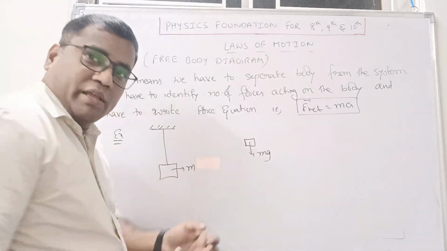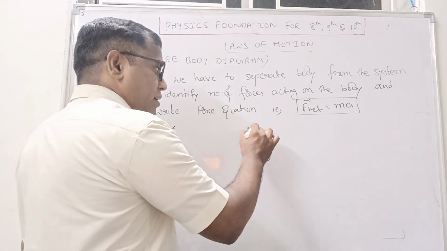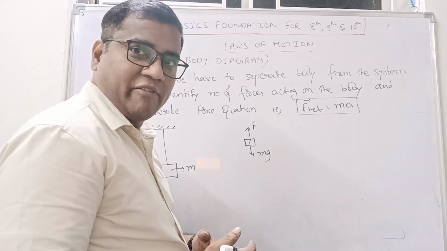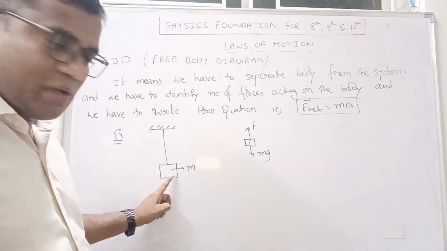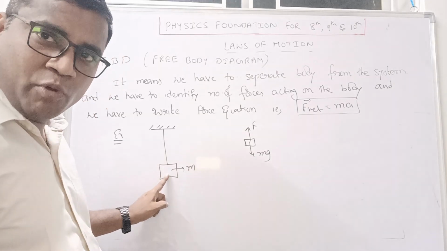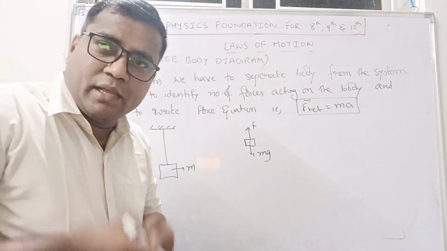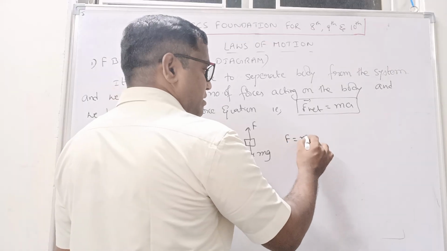And the rope is holding the body, so that force will be upward. I will give it a name; some names are there, I will explain. Because the body is stable, in order to hold it, the rope has to apply some force. That force I will write as F is equal to mg.